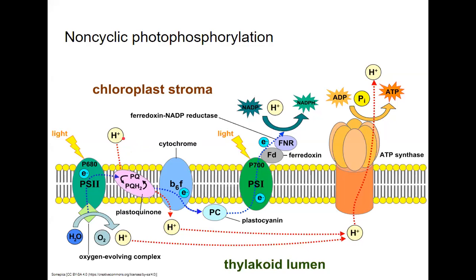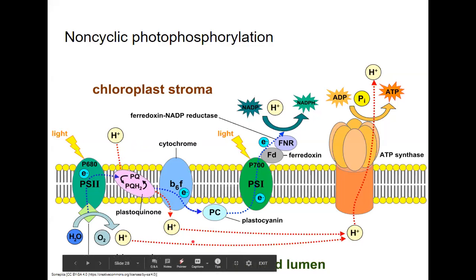So protons are positively charged, which are attracted to the negatively charged electron. So the plastoquinone is going to grab that proton. It's going to pass it to cytochrome B6F together, and then cytochrome B6F is going to pump it across the membrane into the thylakoid lumen.